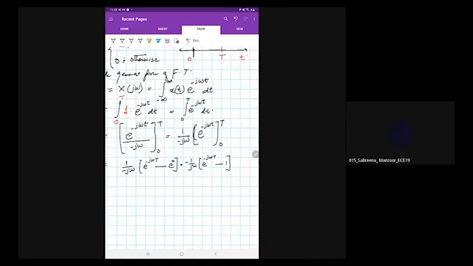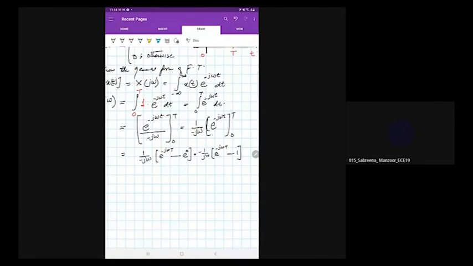Now I'll modify this x of j omega. We are actually trying to find out x of j omega, that is the Fourier transform. So x of j omega could be written as minus 1 by j omega. That is one thing. Then you have e raised to power j omega t.